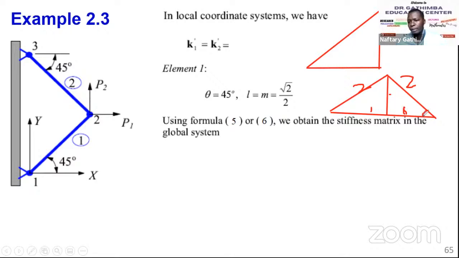Because this is 90, this is 45, then this is 45. And then this is 60. This is the equilateral triangle. This is 30, and then this is 60.